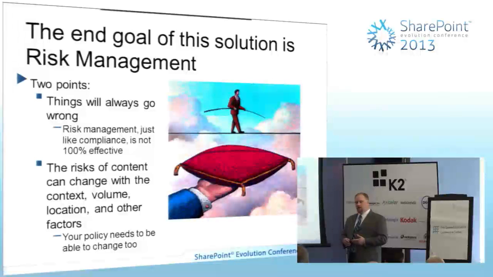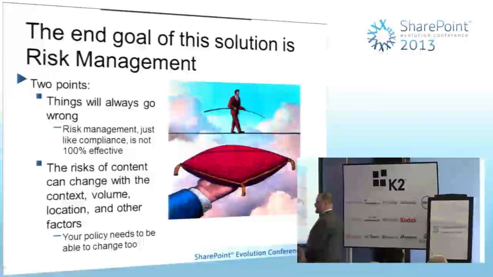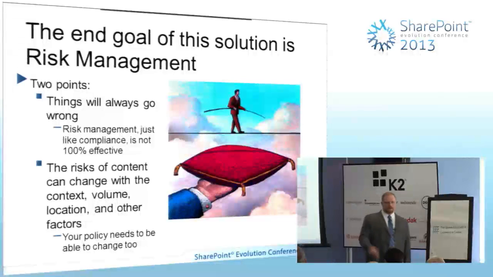And the risks of content change with context. We talked about this a little bit in the previous session. What is risky now may not be risky in the future, and what is not risky now could be. The security aggregate is one of my favorite examples of that. An individual document is not going to damage your organization if it gets out publicly in any significant way.